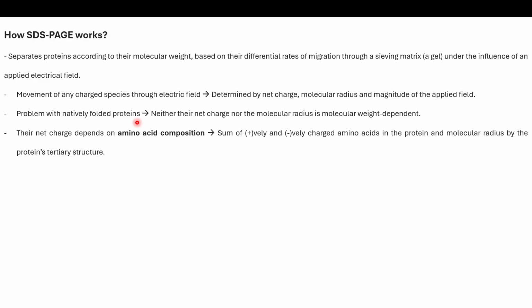So the overall or hydrodynamic radius, that is the resultant size of the natively folded protein, will definitely differ, and the surface charge will also differ based on what kind of amino acids are on the surface.